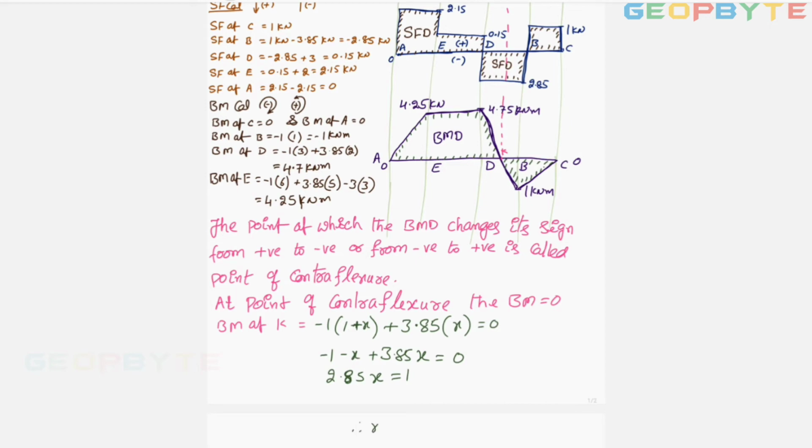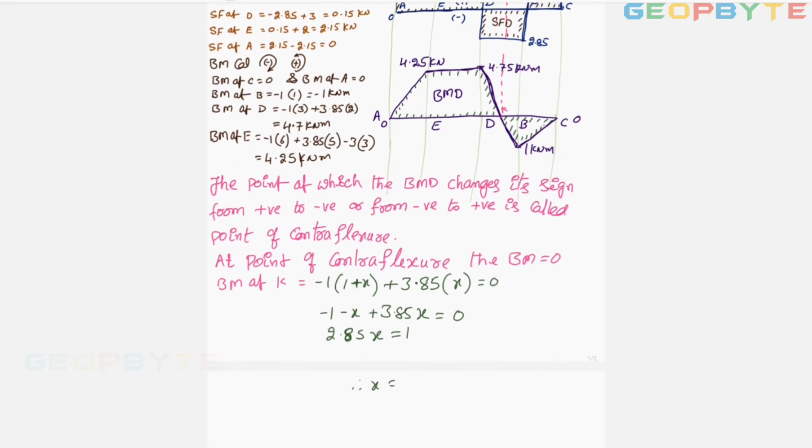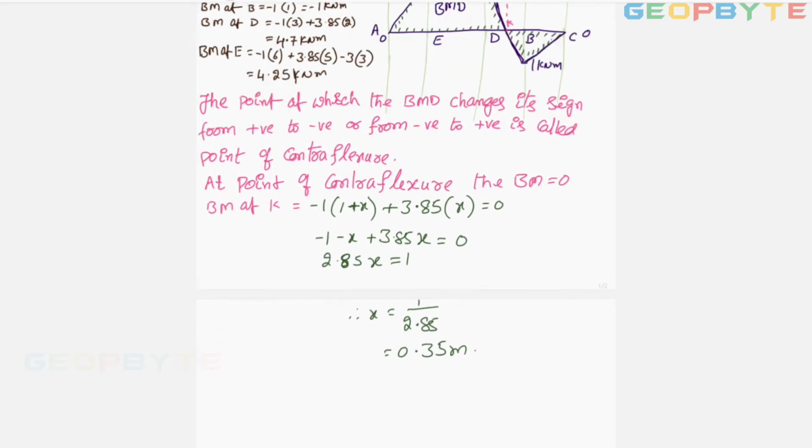Therefore x equals 1 by 2.85 meters. Simplify this value. 1 by 2.85 is 0.35 meters.